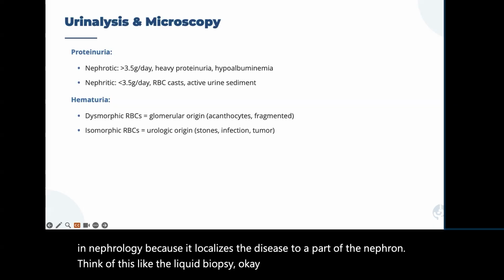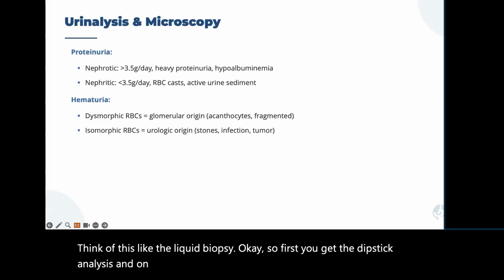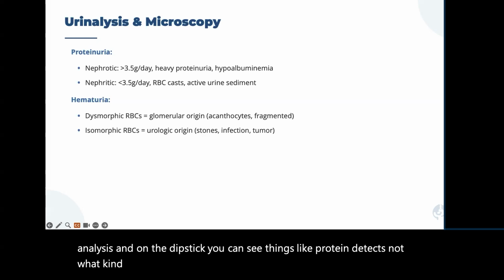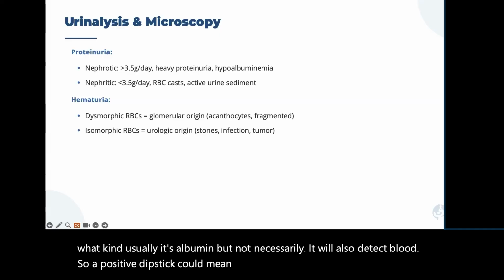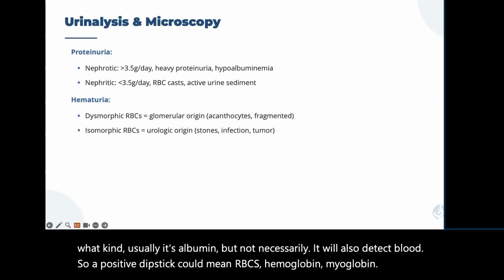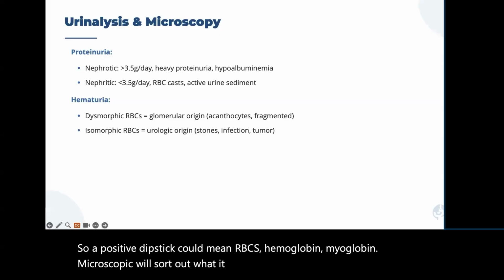So first you get the dipstick analysis, and on the dipstick you can see things like protein. It detects not what kind, usually it's albumin, but not necessarily. It will also detect blood. So a positive dipstick could mean RBCs, hemoglobin, myoglobin; microscopy will sort out what it is you're actually seeing. It also will tell you glucose.